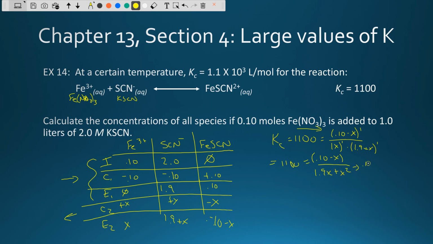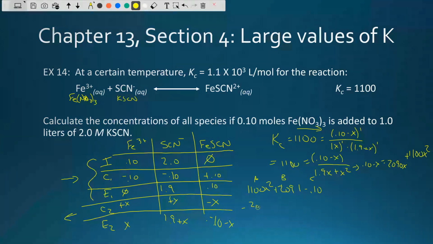That gives me 0.10 minus x equals 2090x plus 1100x squared. So if I was going to combine all the like terms, 1100x squared plus 2091x minus 0.10. Here's my A, here's my B, here's my C. This is one I just can't ignore. It's above the 5% rule. It's just too large because it's above 500.